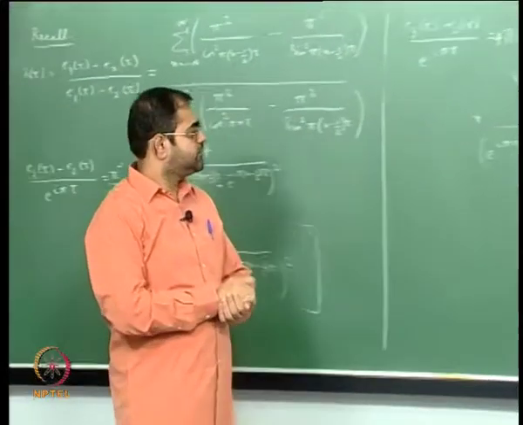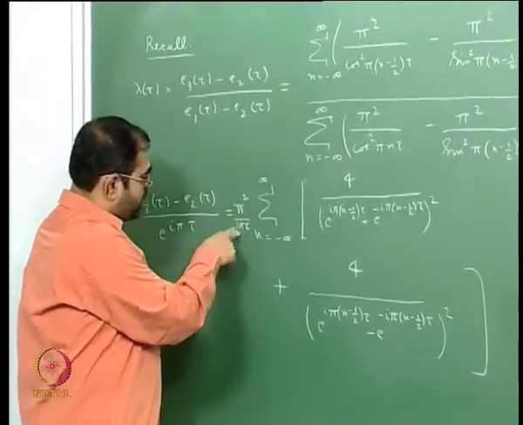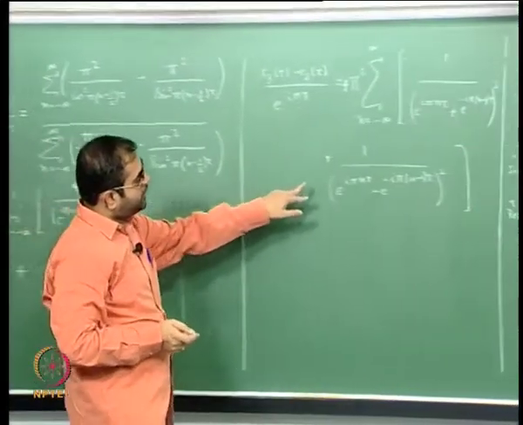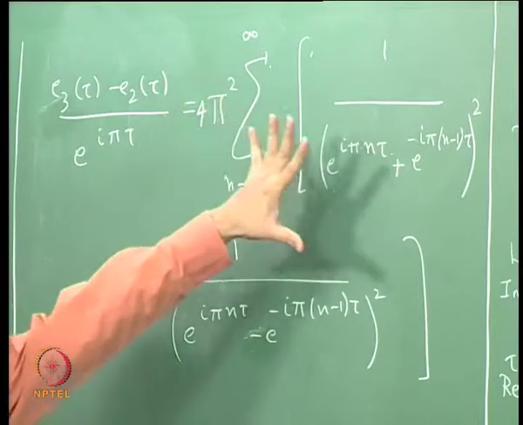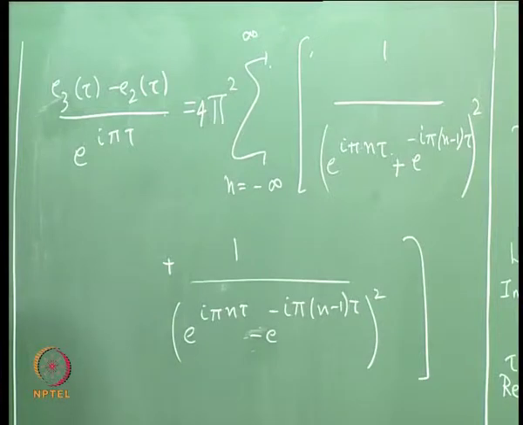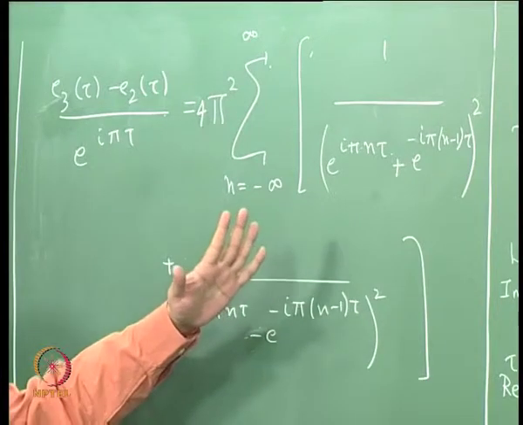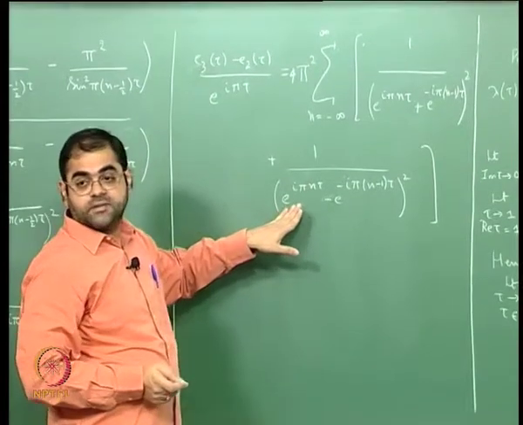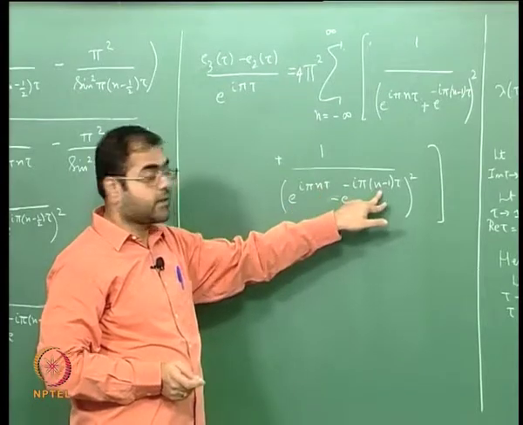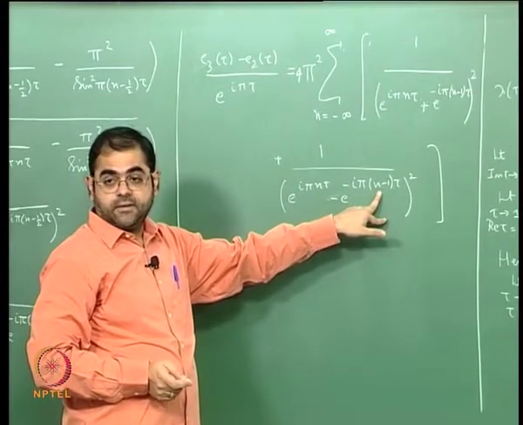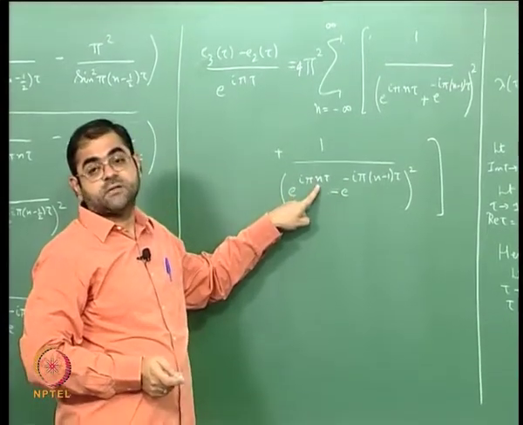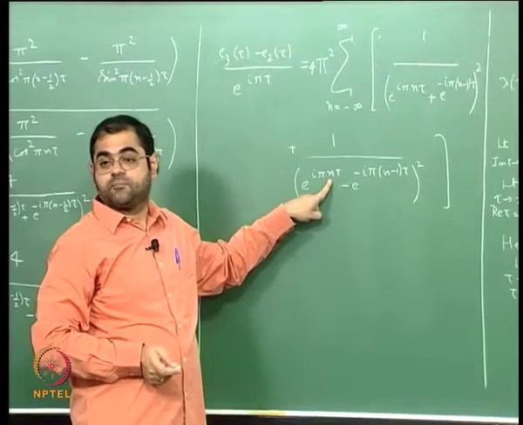This is what I am going to get, okay, if I push this 1 by e power I pi tau inside the square. Now you see that if I let the imaginary part of tau go to infinity, the only terms that will survive are going to be the terms in which no tau appears in the power, okay. So the only terms that will survive will be terms that correspond to n equal to 0 and n equal to 1, okay.